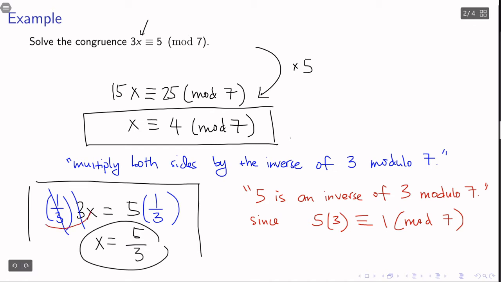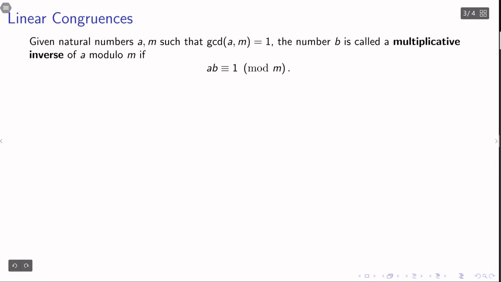So it has the same effect as multiplying by this reciprocal on the left here for real numbers. Right? Just that multiplying this integer to 3 gives you a 1 under this congruence relation. And so we can define a multiplicative inverse of a number a modulo m in general to be just any number b, such that when you multiply a and b, you get something congruent to 1 modulo m.